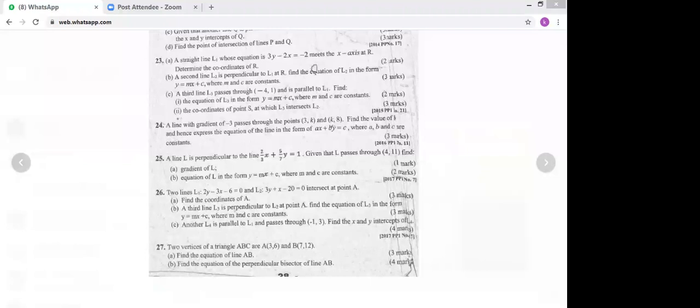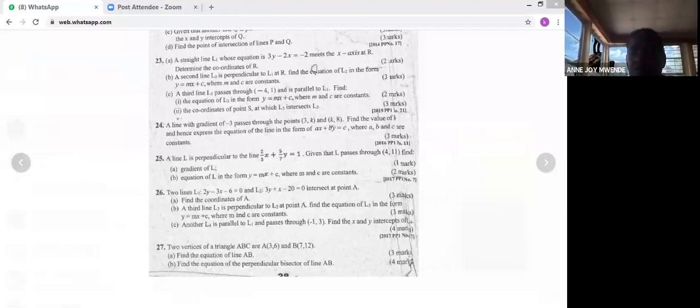Start to understand, because this question most of the time appears in the exam.